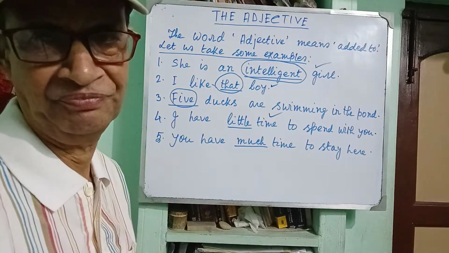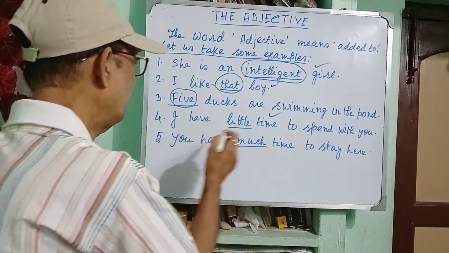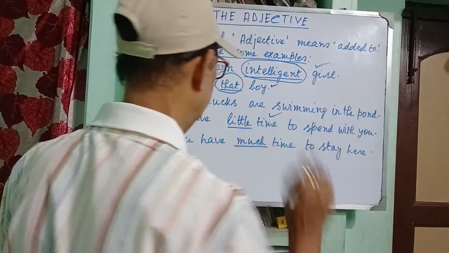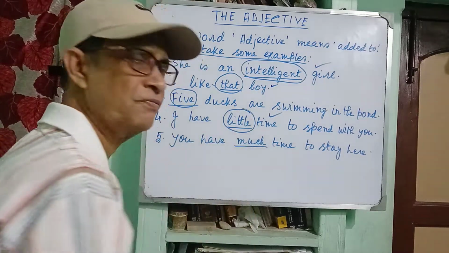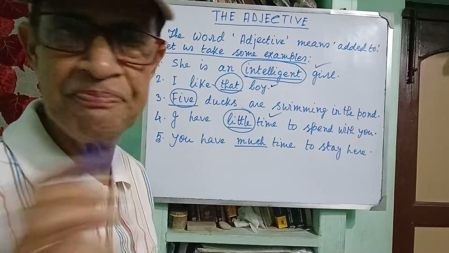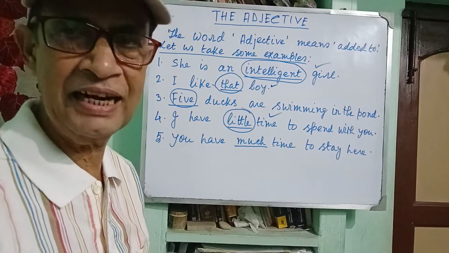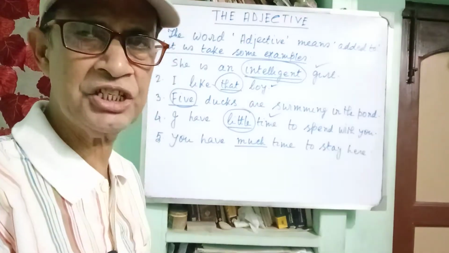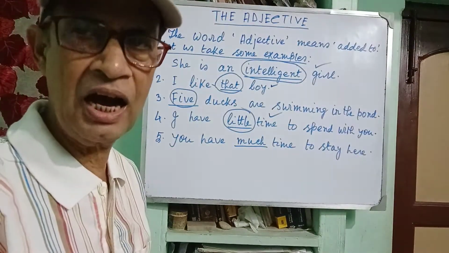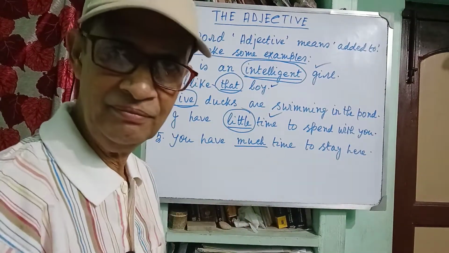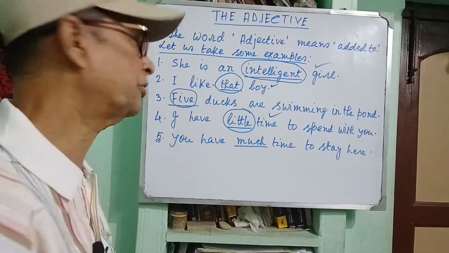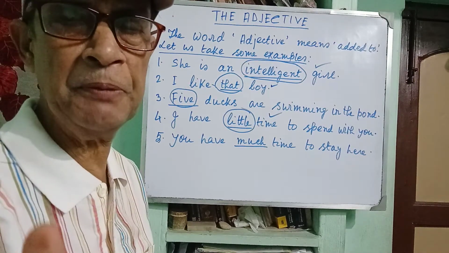Little time. So little is an adjective, and it is a quantitative adjective. That is, it is pointing out the quantity of time. Clear? Now let us come to the fifth example.